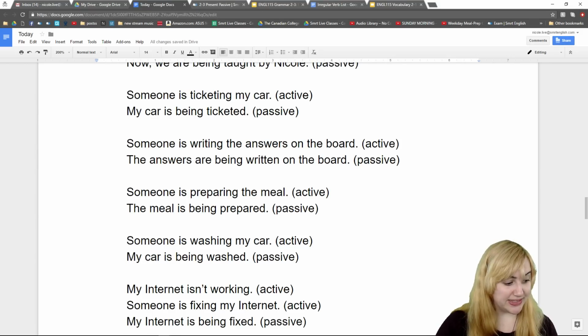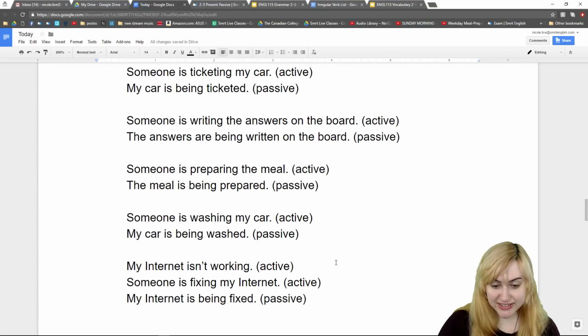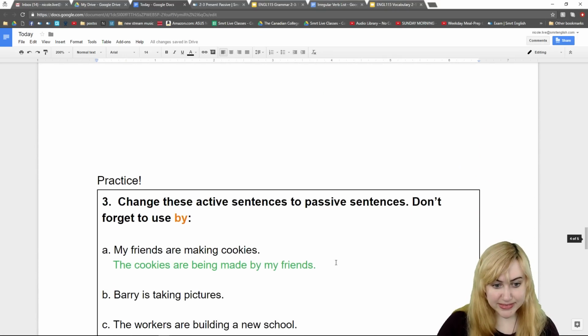Okay, so good. Let's see, how are we doing so far? We have about 10 minutes left. Let's do a little bit of practice and see how much we understand. I have an exercise here.